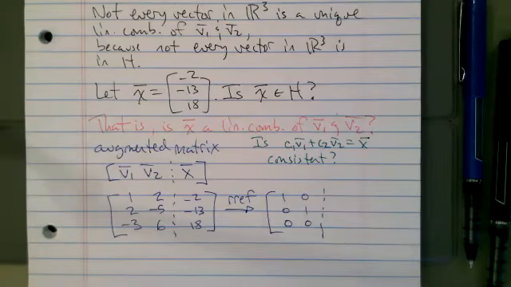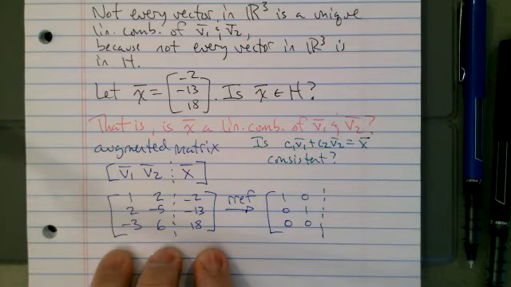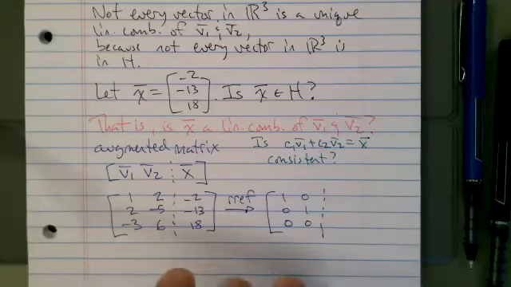I hate to be that guy, but actually we're looking at a vector equation. Augmented matrices correspond to matrix equations, but they are not themselves matrix equations. So we wouldn't want to say they are matrix equations.